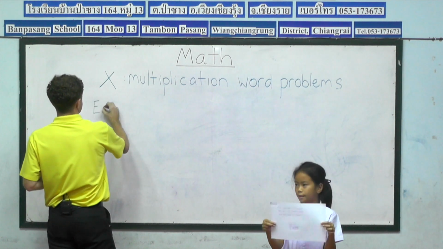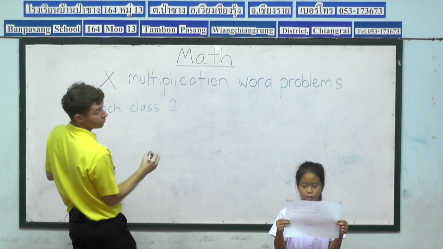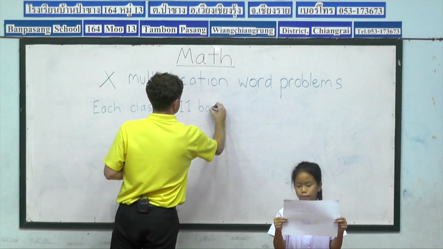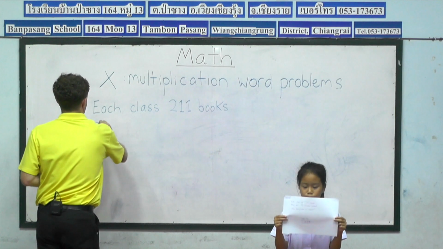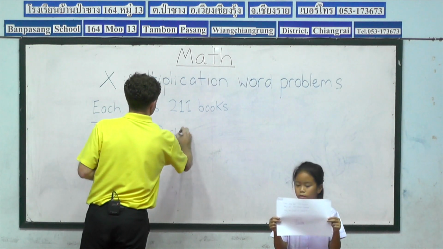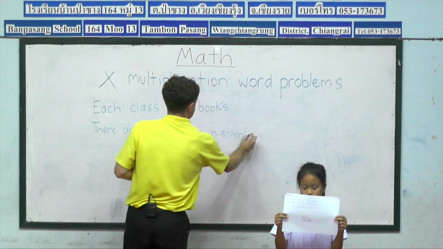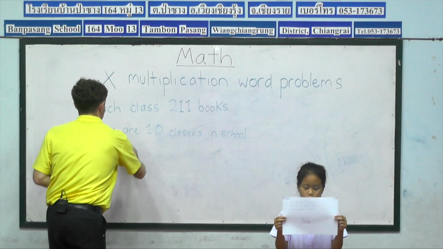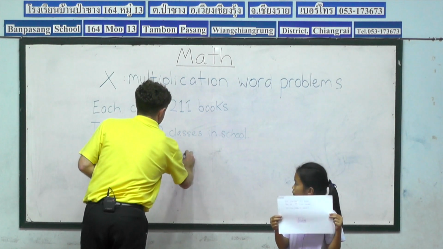Each class has 211 books. There are 10 classes in school. How many books in school?